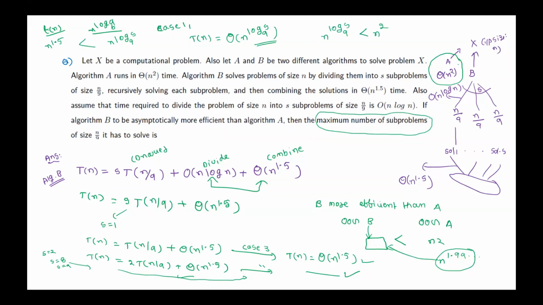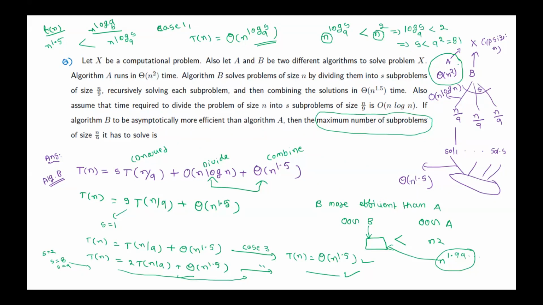Now bases are same, we can compare the powers. Which implies log s base 9 should be less than 2, that implies S should be less than 9 square.